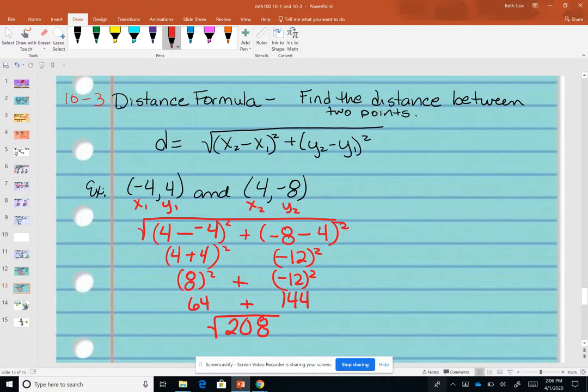Now, approximately, I can do the approximation on my calculator. The square root of 208 for my approximation is approximately 14.4. I'll round to the nearest tenth. Okay, but then I've got to do the exact.